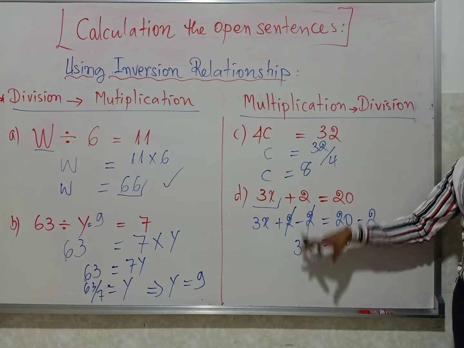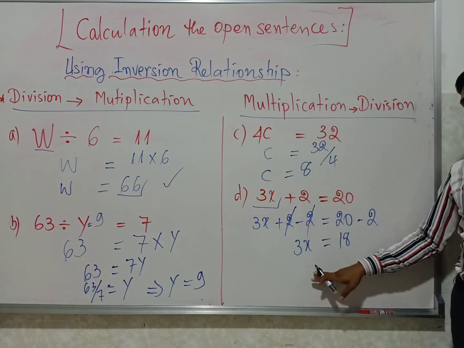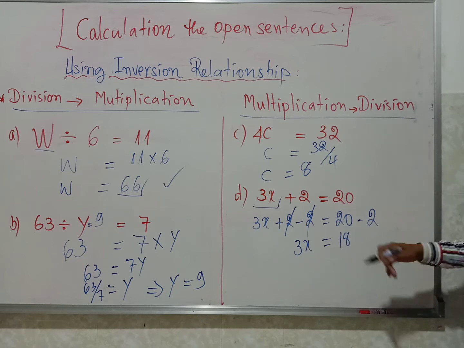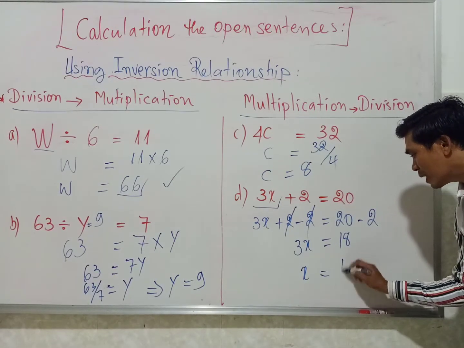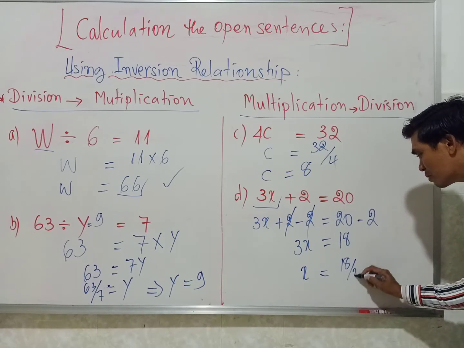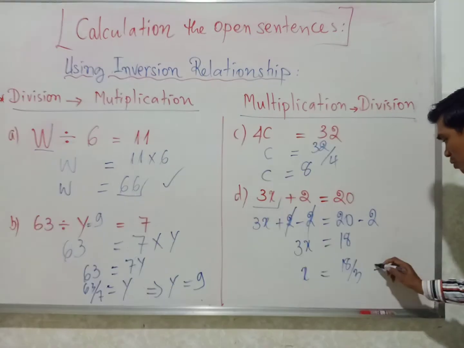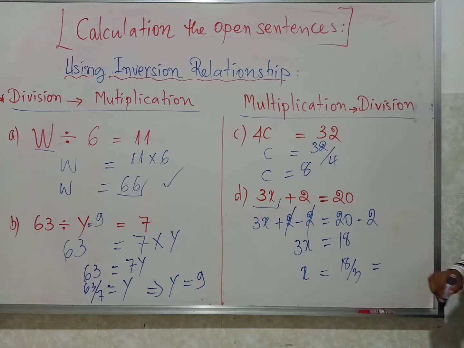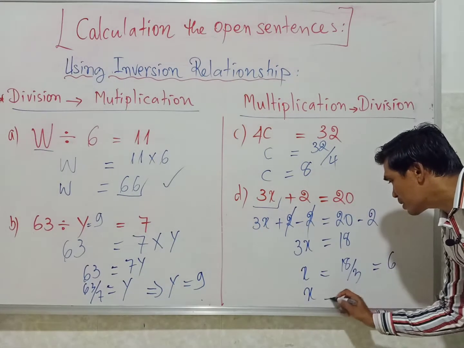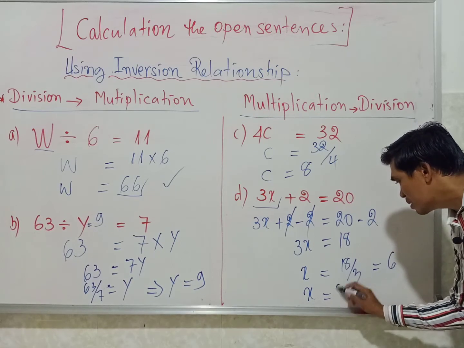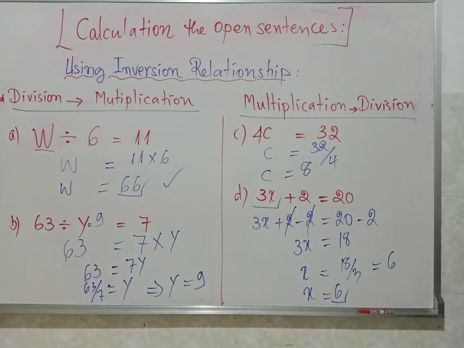This one is multiplication, and the inverse relationship is division. So to find 1x, we have 18 divided by 3, and the result is 6. So x is 6.